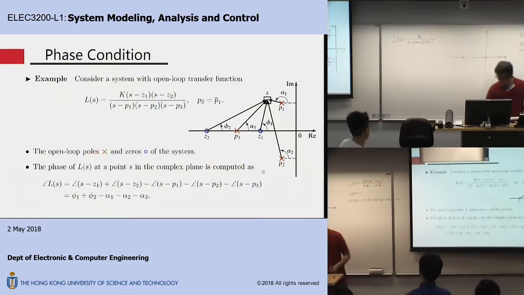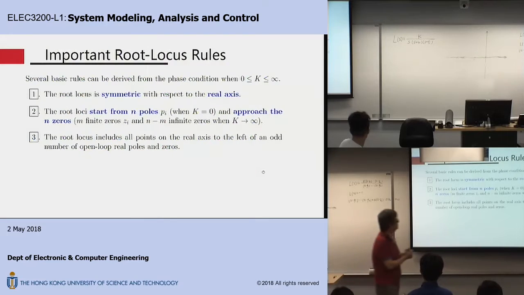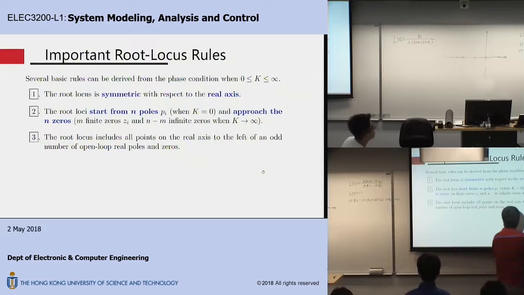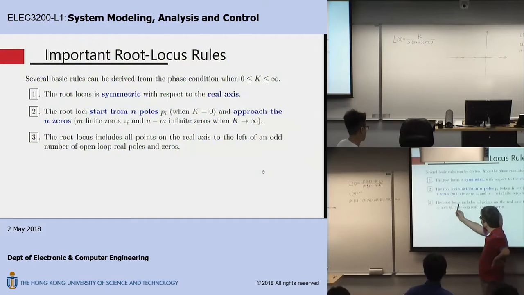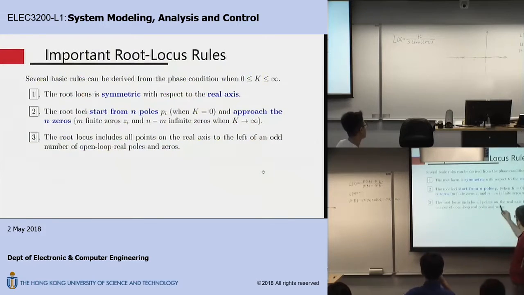Now look at the third point, the third rule. The root locus includes all points on the real axis to the left of an odd number of open-loop real poles and zeros.